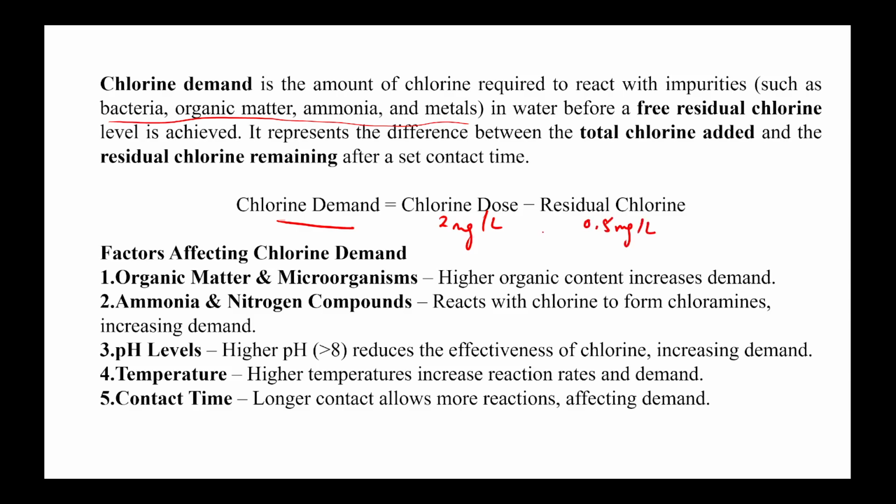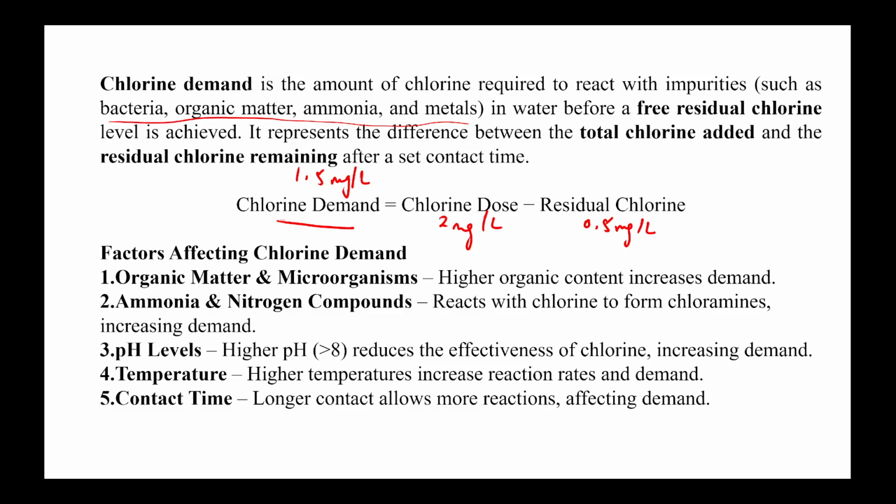Then we can say that the chlorine demand of that water sample required 1.5 mg per liter of chlorine to react with all the impurities present in it. If a water sample has a lot of impurities, the chlorine demand will be high. If the water sample has less impurity, the chlorine demand will be low. So understand it in that way.